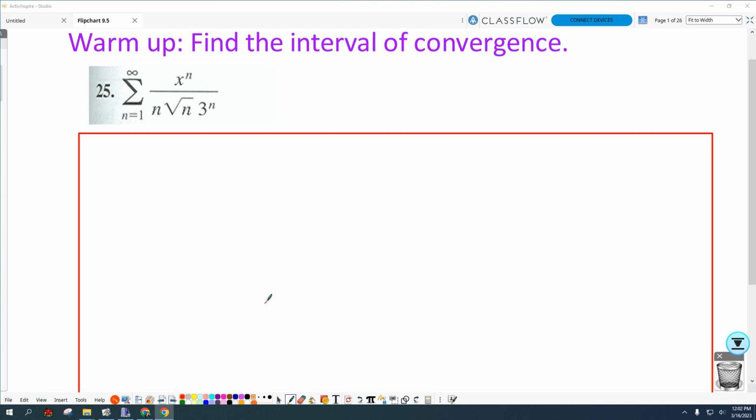Okay. This problem, when it says find radius of convergence, this is straight up saying do the ratio test. Tanya, what does it mean to do the ratio test?